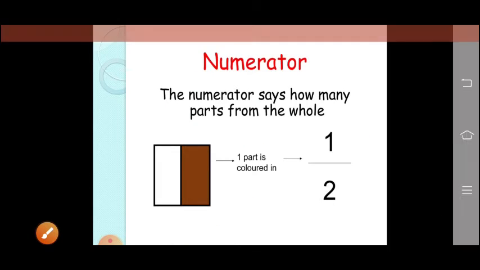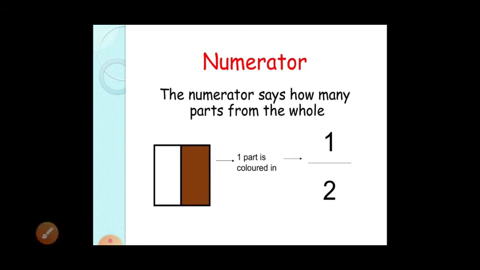The numerator says how many parts from the whole. That means how many parts we are shading or how many parts are unshaded. That has to be distinguished. That means when you are dividing your birthday cake, how much part you have eaten.